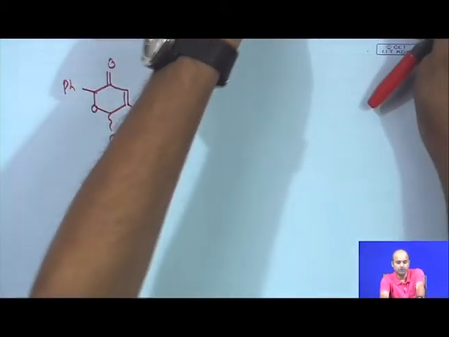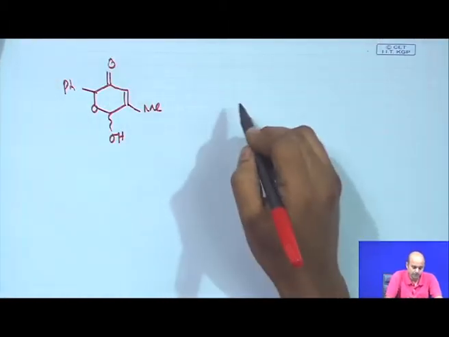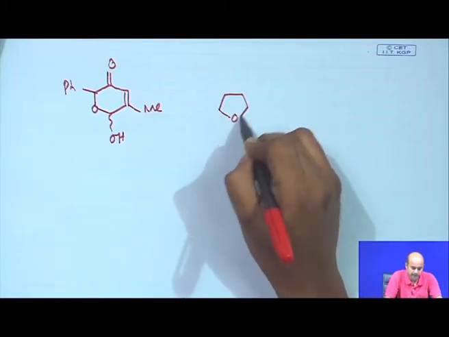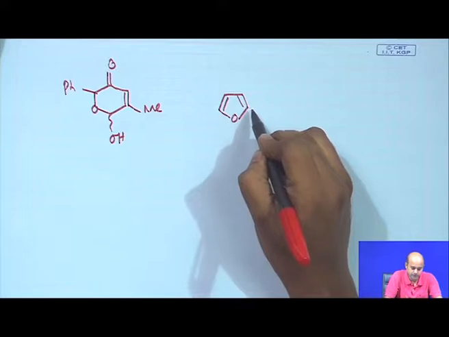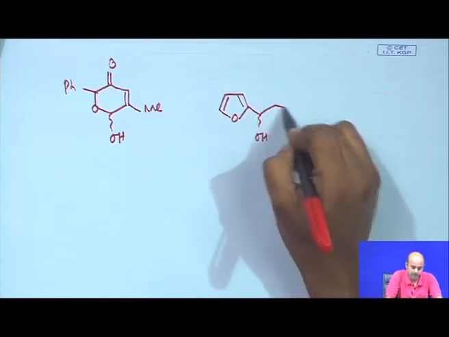And now, we will come back to the original problem, where the structure after this Appel and Grignard, which is the furan carbinol, is basically these things.